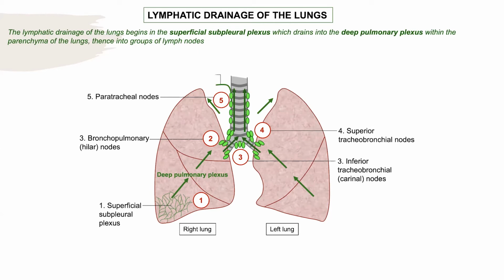Then they go to the right bronchomediastinal trunk on the right side, and the left one goes respectively to the left bronchomediastinal trunk. So if somebody asks you how the lymphatic travels within the lung parenchyma, you can start your journey from the superficial subpleural plexus. This is how the lymphatic drainage follows the complete pathway within my lung, the alveoli and the tracheal tree. You are expected to be good with these concepts.